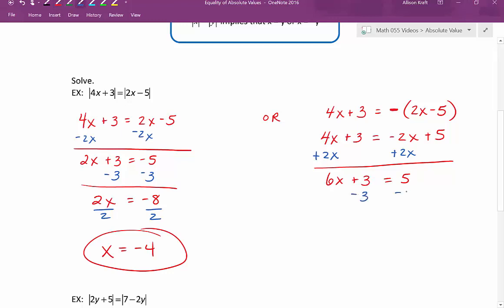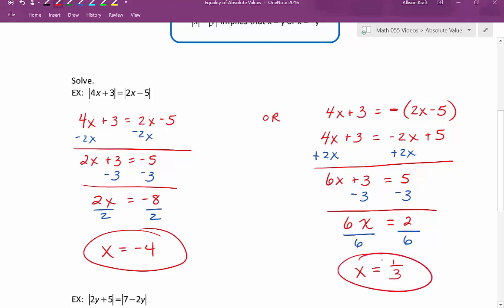Next, we'll subtract 3 from both sides. We have 6x equals 2. Our last step is to divide both sides by 6. We get x to be 2 over 6, which will simplify down to 1/3. Two solutions, x equals negative 4 and x equals positive 1/3.